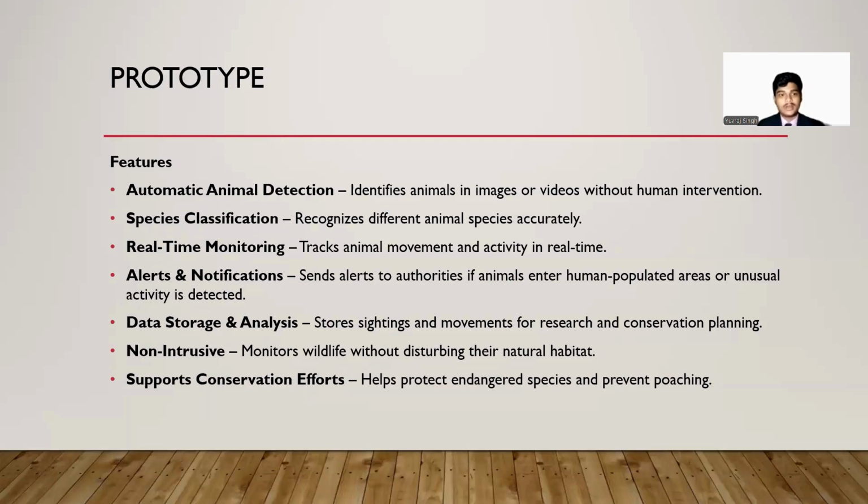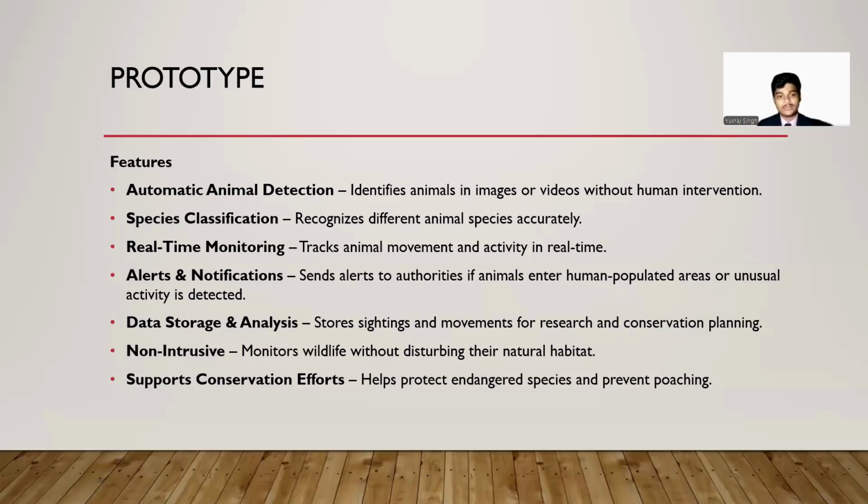Features: automatic animal detection, identifies animals in images or videos without human intervention. Species classification, recognizes different animal species accurately. Real-time monitoring, tracks animal movement and activity in real time.